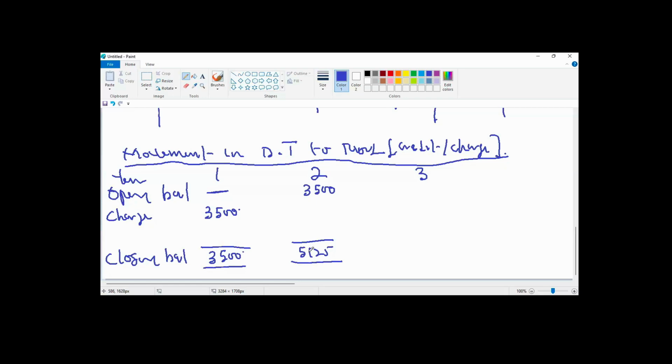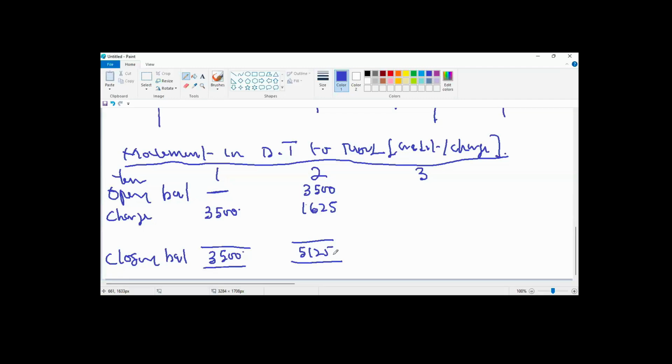Charge of how much? 5125 minus 35. No, 1625. This is what goes to the P&L.